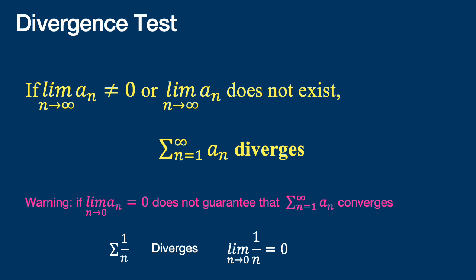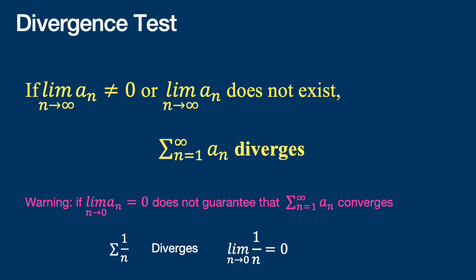I'm going to give the divergence test formally. If the limit of the general term of the sequence is not 0 or the limit does not exist, then the series is going to diverge. So if the limit of the sequence is not 0, it never shrinks, or the limit does not exist, the series diverges.